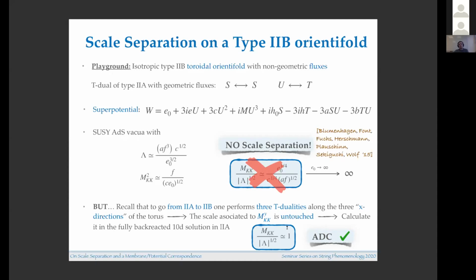One should definitely know the 10-dimensional picture well before making any claim.